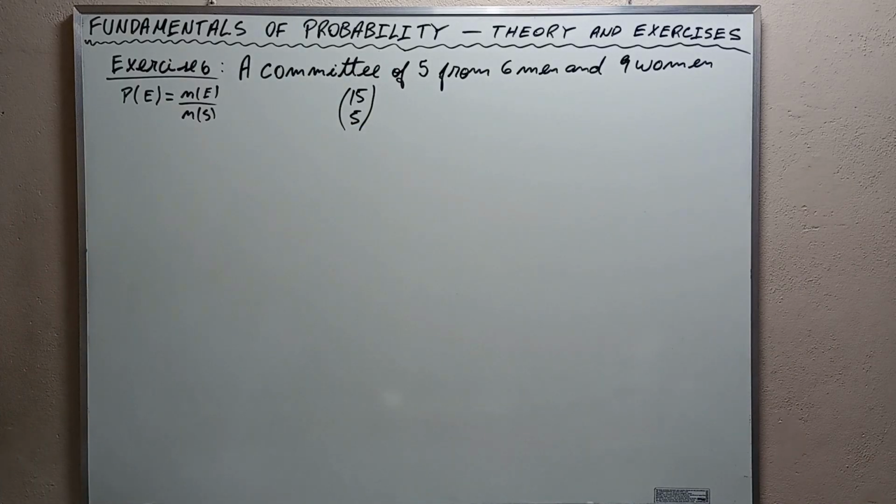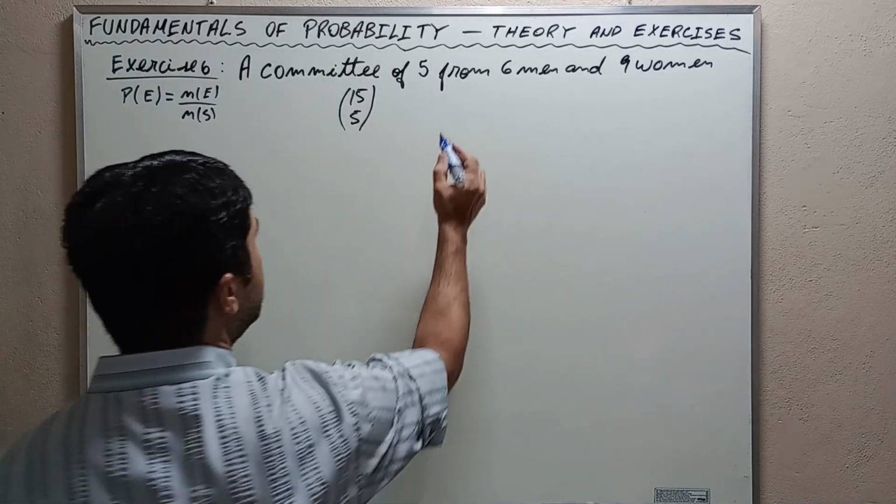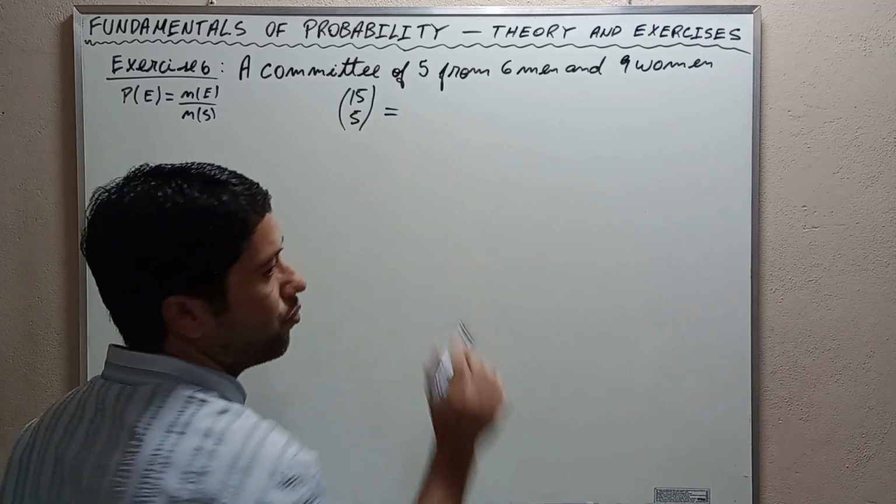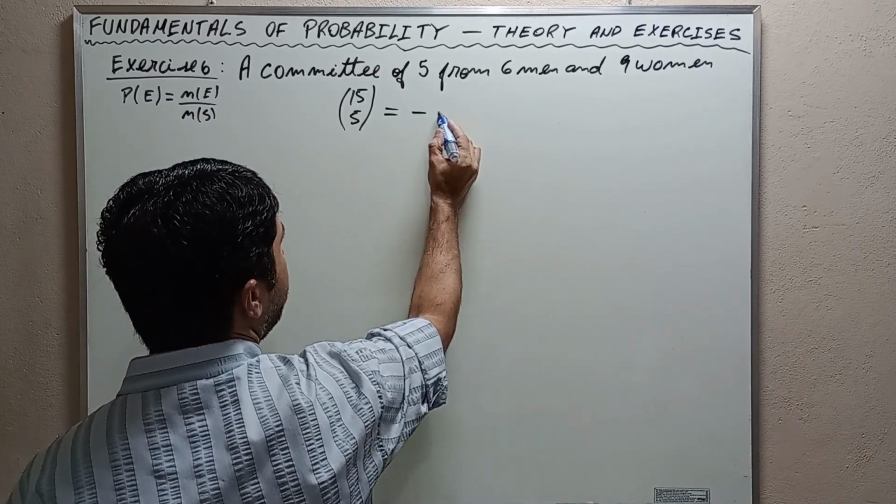If we are not caring much about the gender of the people, if we are randomly selecting people regardless of gender, we don't care whether it is a man or a woman, then we are going to have 15 possibilities to fill 5 positions, okay?